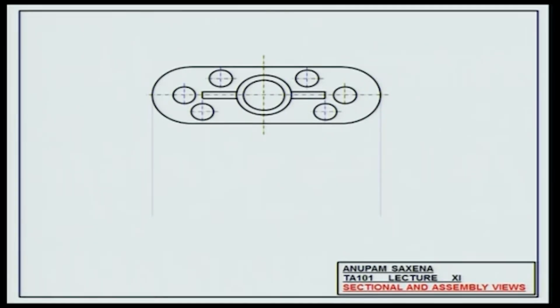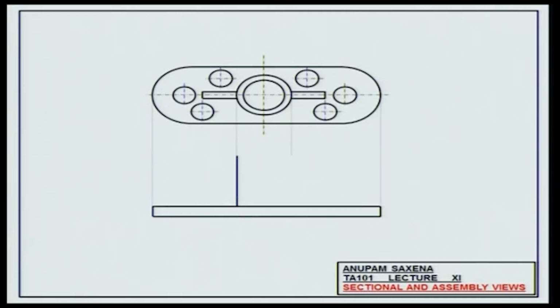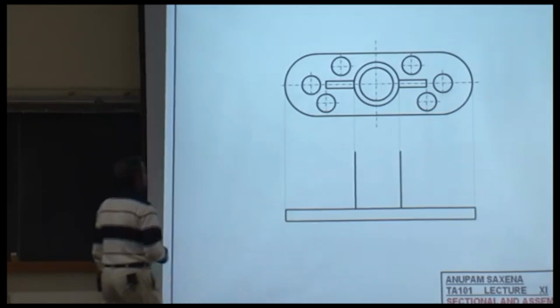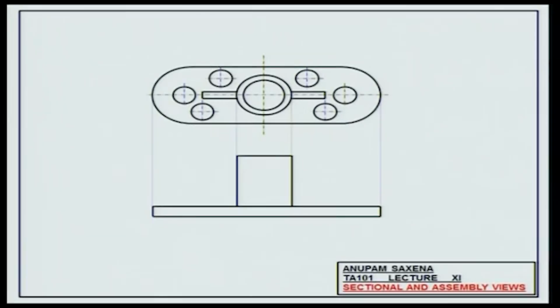So let me start drawing the front view of this. Okay? You see a rectangle. Take the projections of these cylindrical feature down. This is the cylindrical feature. Take the projections down.